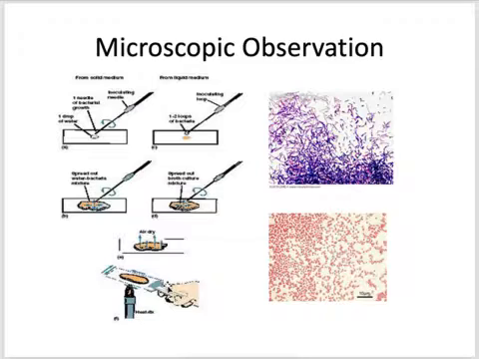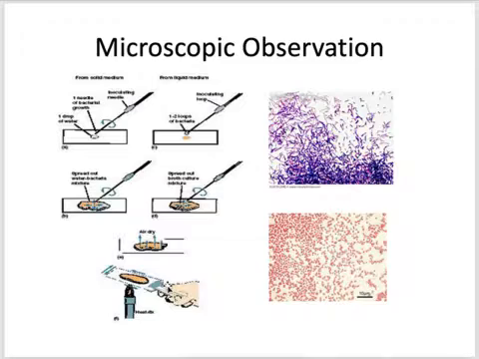If we do gram staining, there are two major types of bacteria, gram negative and gram positive, and there is a staining method by which we can color these bacteria in different colors. But I will explain gram negative and gram positive bacteria in a different lecture.